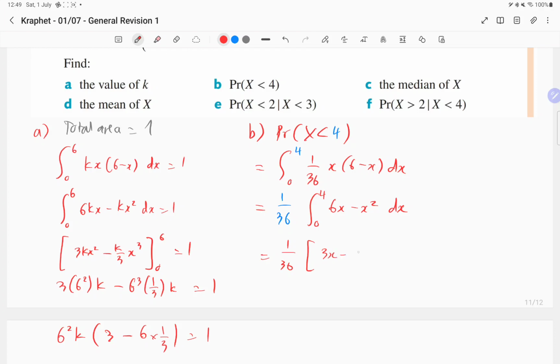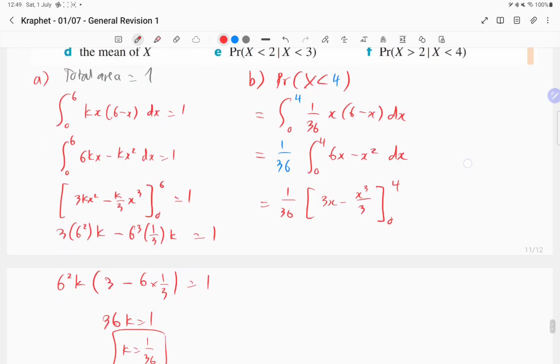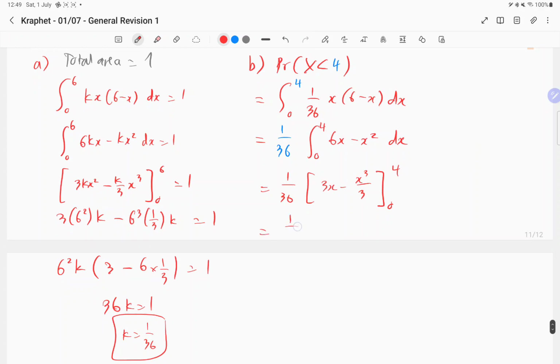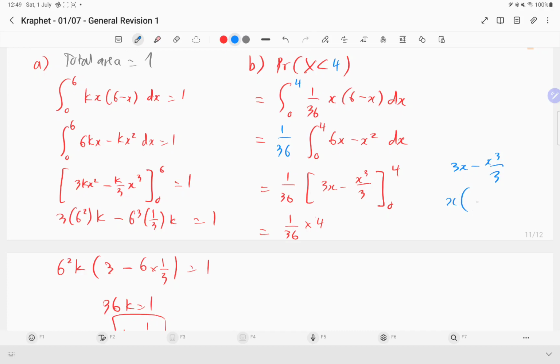So 3x minus x cubed over 3, from 0 to 4. Okay, and then 1 over 36. Same thing, when you sub it in, take out a common factor, which is x. So that will be 4. I'll just save a bit of time. So 3x minus x cubed on 3 is the same as x times 3 minus x squared on 3.